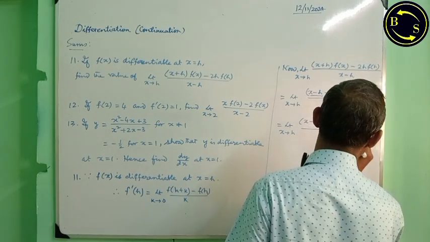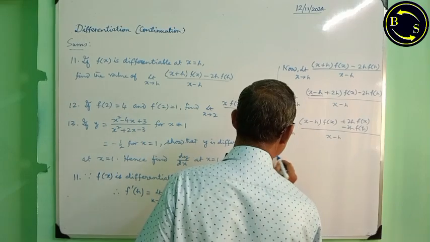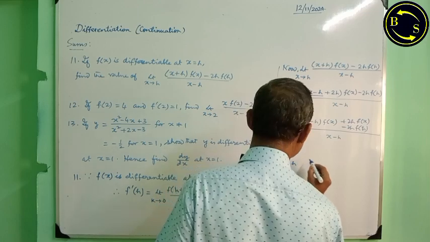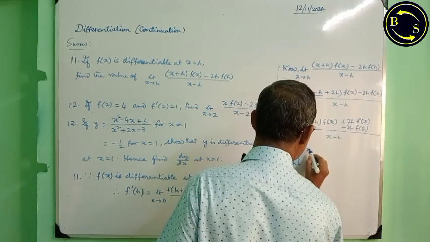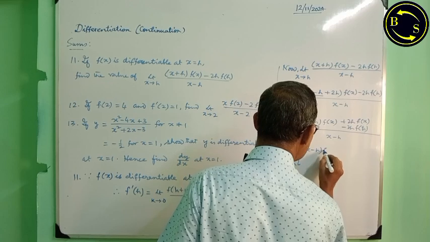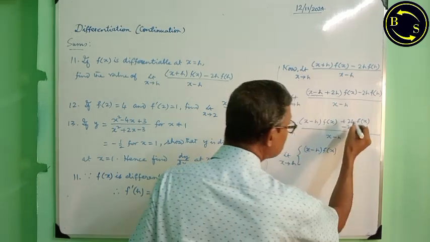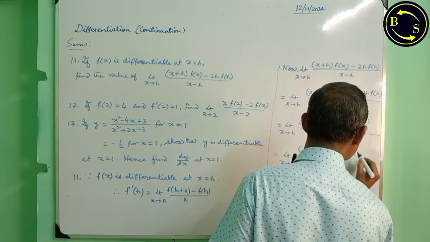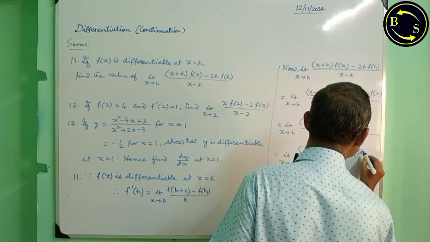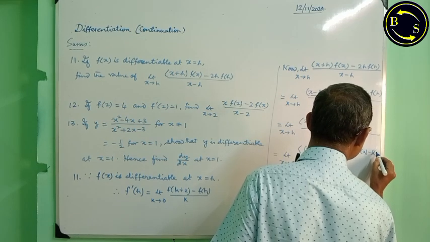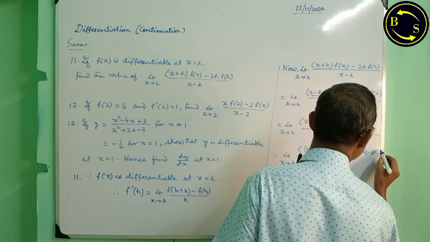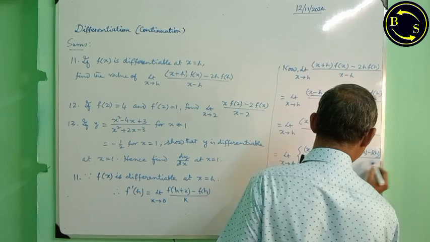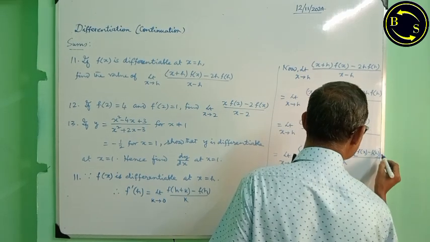Then this becomes limit x tends to h, x minus h into f(x). 2h is common factor, 2h into f(x) minus f(h). I put third bracket divided by x minus h.